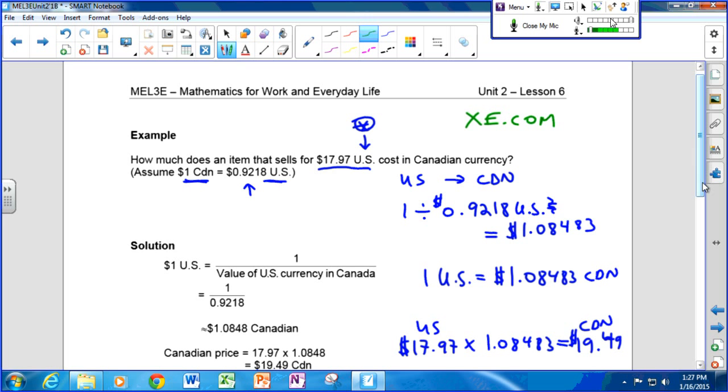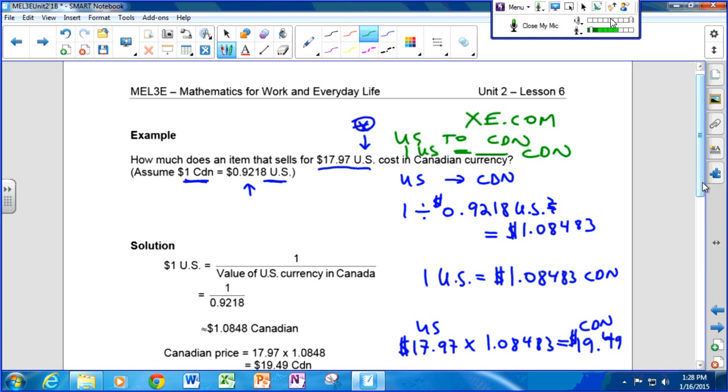So if you went to z.com, and you want to convert US to Canadian, right? Then you would find out what one US dollar was in Canadian, and then you would use that to multiply if you had a US amount to find out what it is in Canadian dollars.